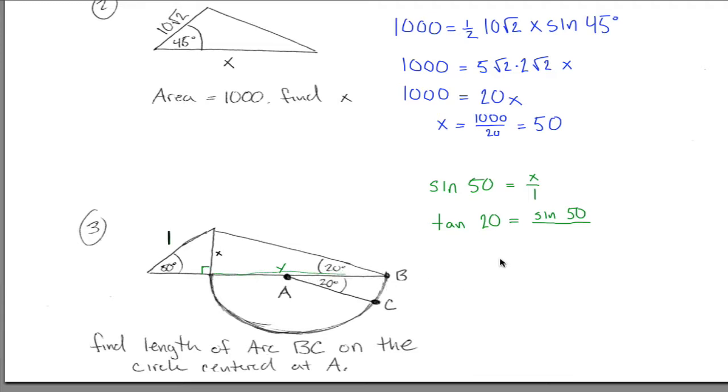Hard to draw straight lines, but good enough. So tangent of 20 is opposite over adjacent, and we got sine of 50 over y. So what that tells us is that y is equal to sine of 50 over tangent of 20.